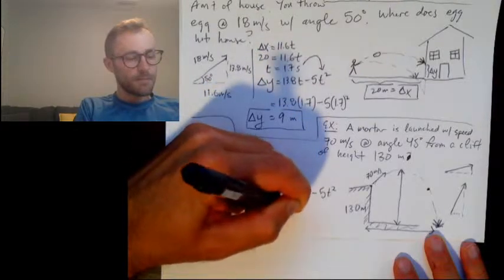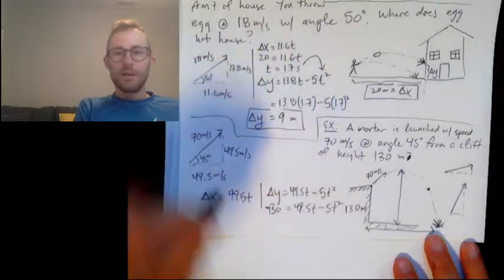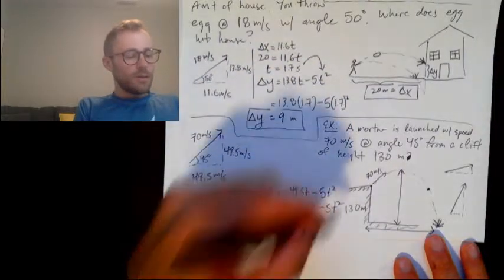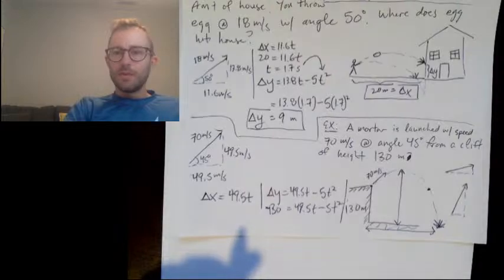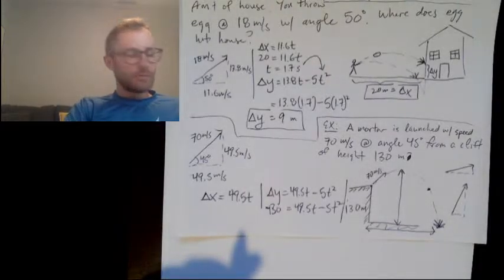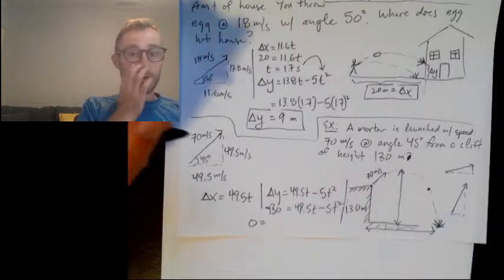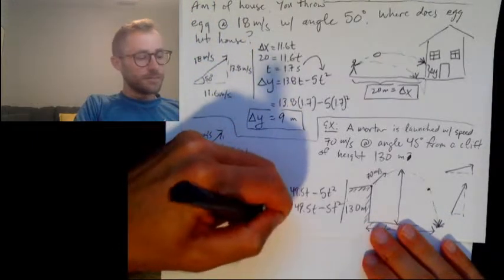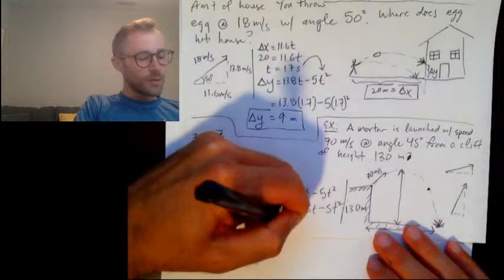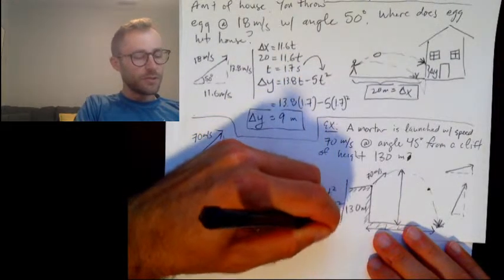Okay. So I will add 130 to both sides. We get 0 equals 130 plus 49.5 t minus 5t squared.